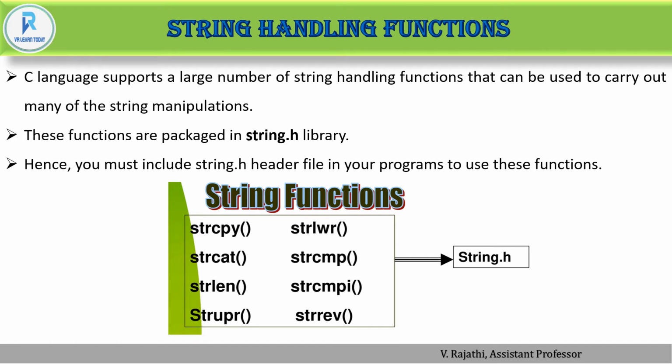Hence, you must include the string.h header file in your program. strcpy is for copy, strcat for concatenation, strlen for length, strupr for uppercase, strlwr for lowercase, strcmp for comparison, strcmpi for comparison ignoring case, and strrev for reverse.